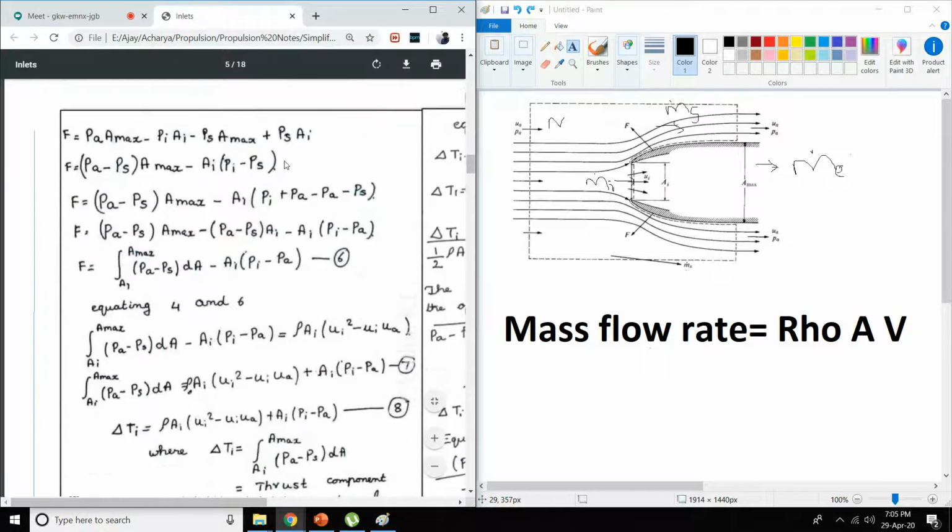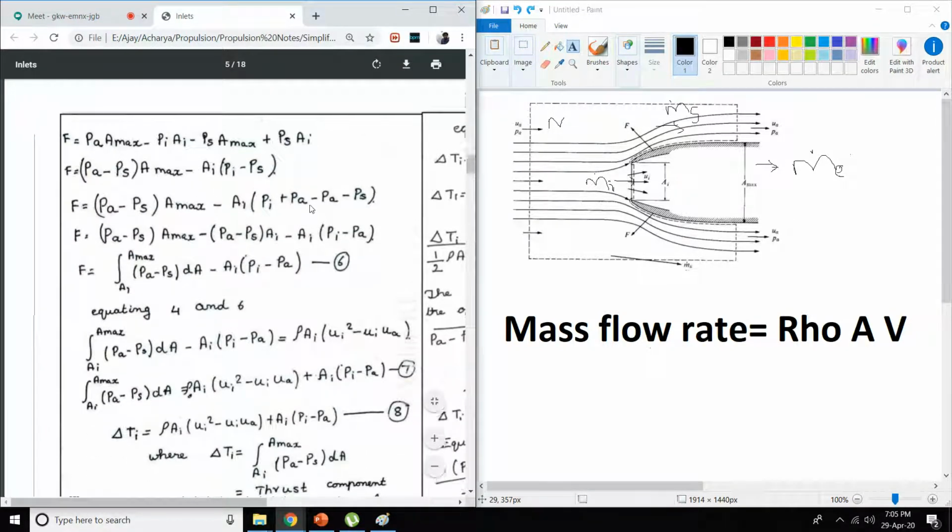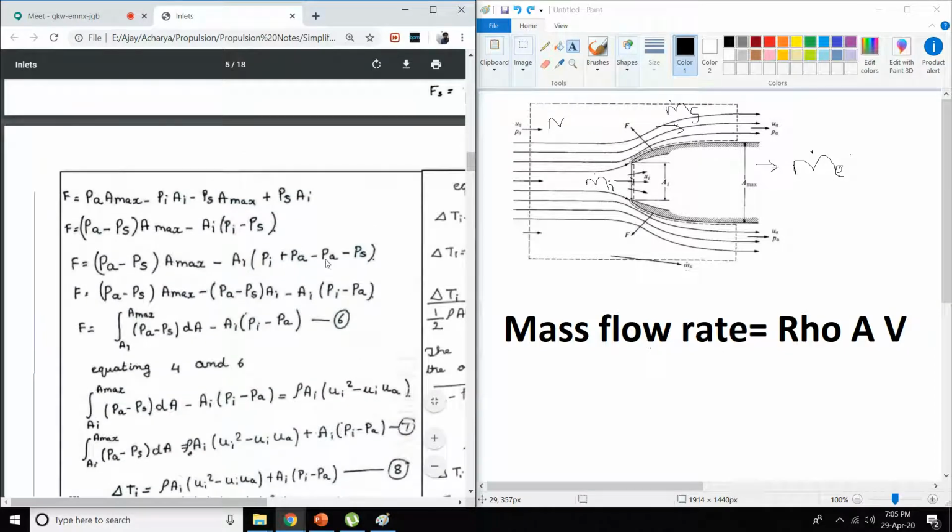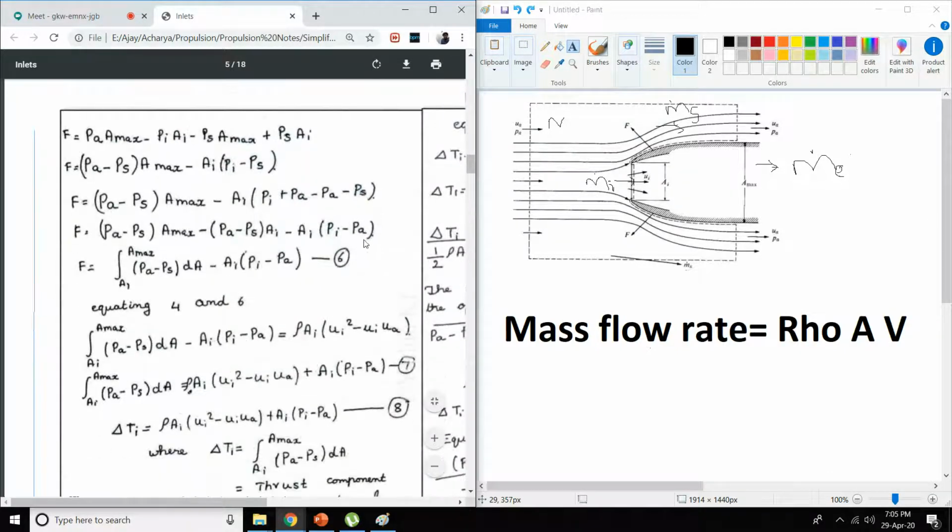Okay, so now what you'll do, for this term you'll add plus PA and minus PA on the second term. So once you add plus PA and minus PA, what you can do, you can further take out PA minus PS. So you'll take PA minus PS outside. So what you'll do, PA minus PS from this, and you'll separate out AI into PI minus PA.